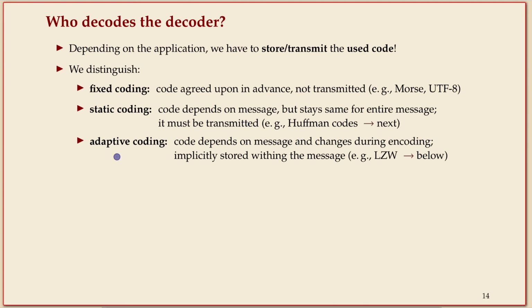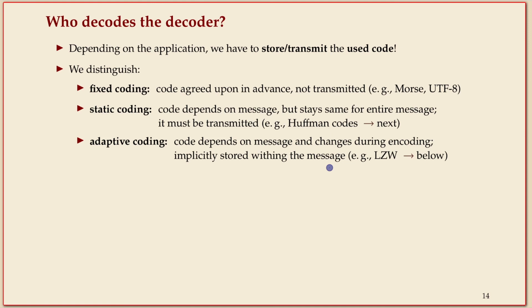There are even wilder things that we'll call adaptive coding, where the way you encode the character keeps changing while you're going. In that case, you'll have to somehow tell the decoder how the code changes. And this will often be implicit in the code.